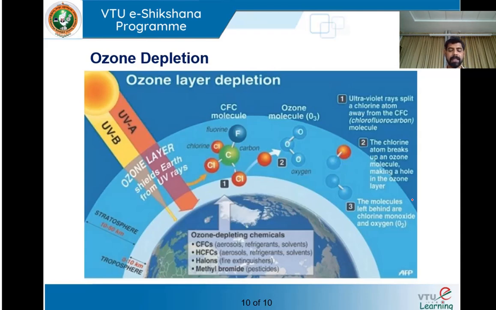It blocks the sun's harmful ultraviolet radiation from reaching the Earth's surface. So why is it thinning? All of it is man-made, because of the ozone depleting substances which we have been using. That is what is decreasing or thinning the ozone layer.